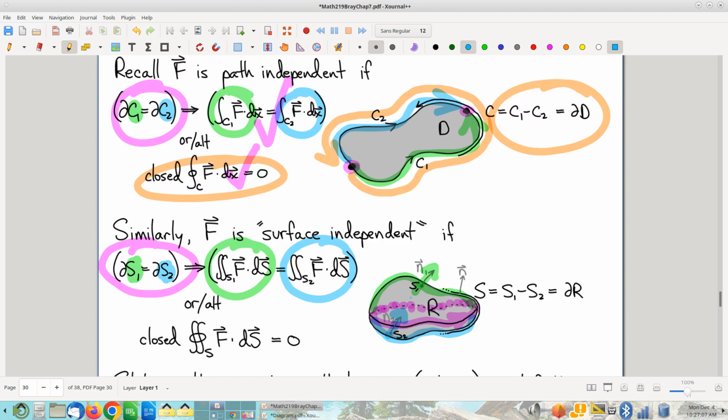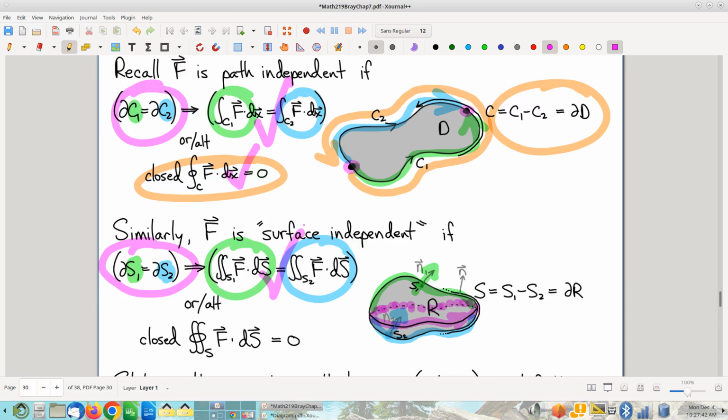So now I'm going to make the outrageous suggestion, for dramatic purposes, that there are some vector fields, believe it or not, which, as long as any two surfaces have the same boundary curve as in this picture, you will always get the same flux. And again, it seems outrageous to suggest that these are two totally different surfaces. They share just the most seemingly trivial of common features, namely the edges are shared.